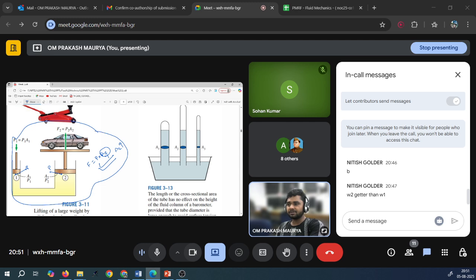So hope everyone got the concept behind it. Everyone got it? If yes, please write your answer in the chat box. Just write yes. So this is the concept.